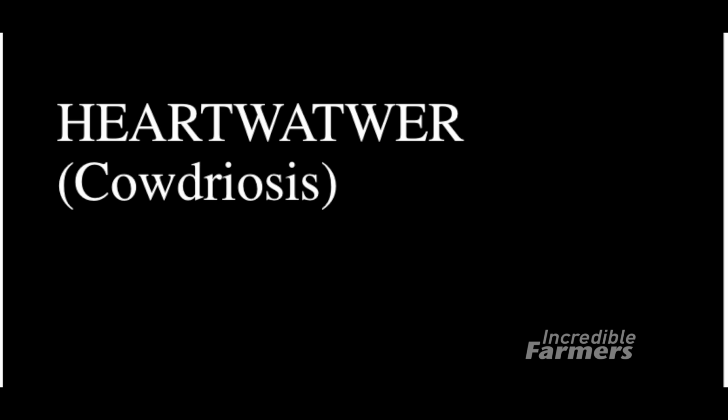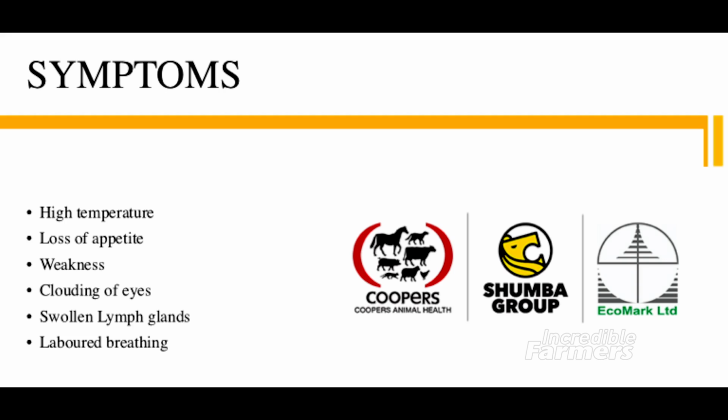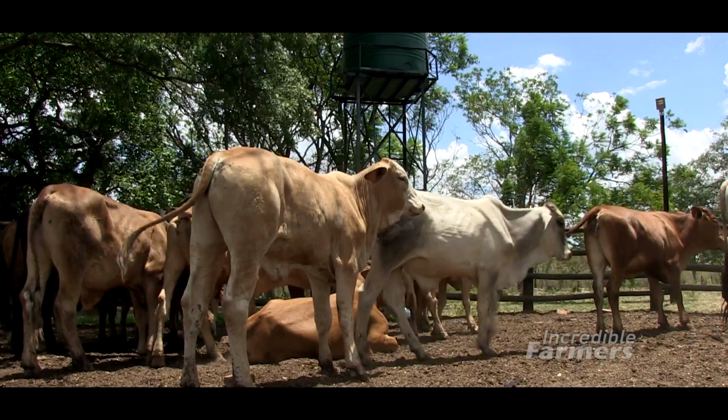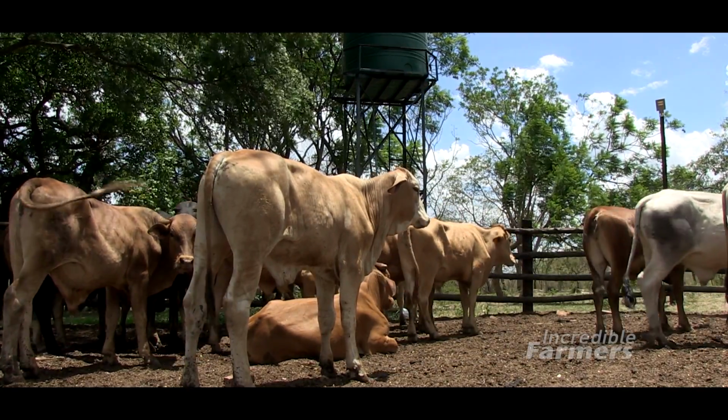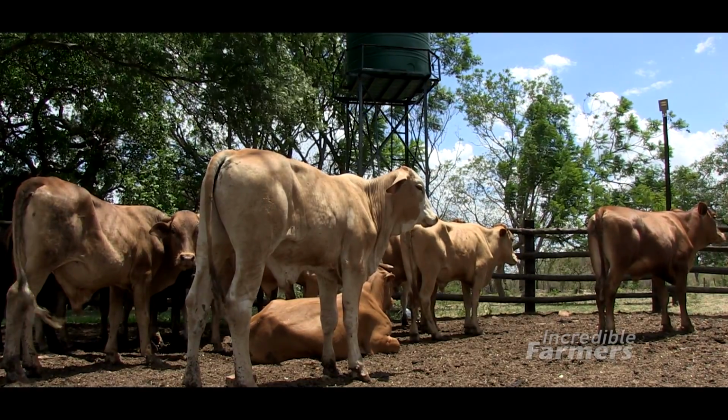The symptoms of these diseases are almost the same: we've got elevated, high temperatures. We also have labored breathing, and the animal does not eat very well, so there is a lack of appetite, and the animal usually lags behind the herd. So for the other three tick-borne diseases, the clinical signs may be similar.